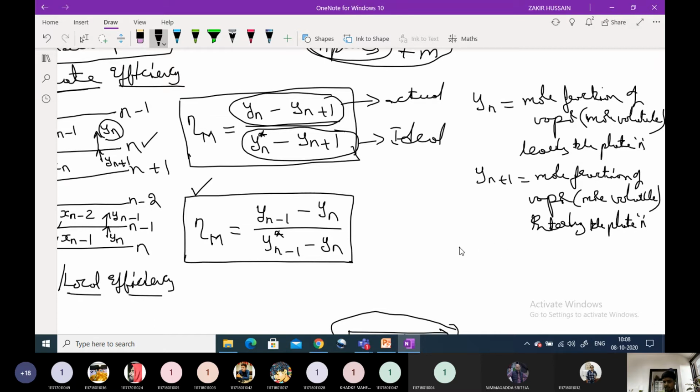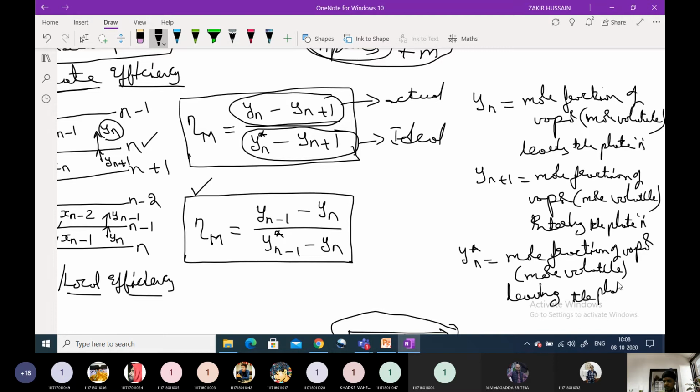Similarly, yn local star. Yn star is nothing but mole fraction of vapor or a more volatile component leaving the plate n under ideal conditions, under equilibrium conditions.